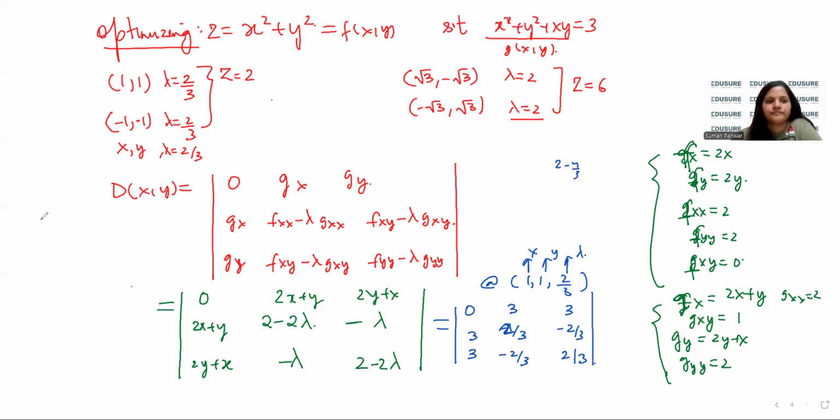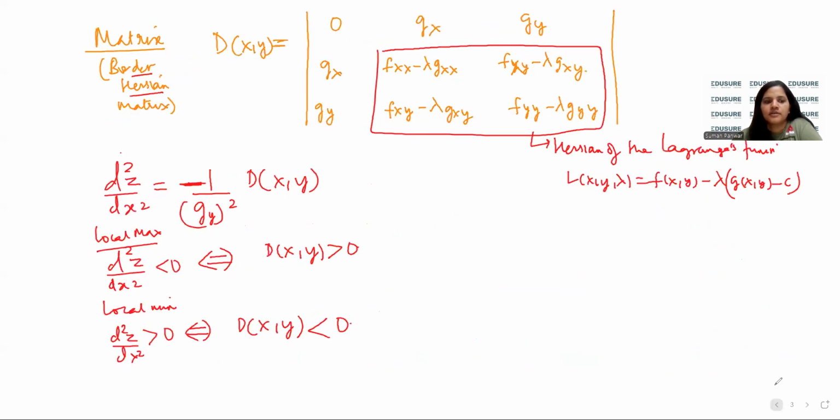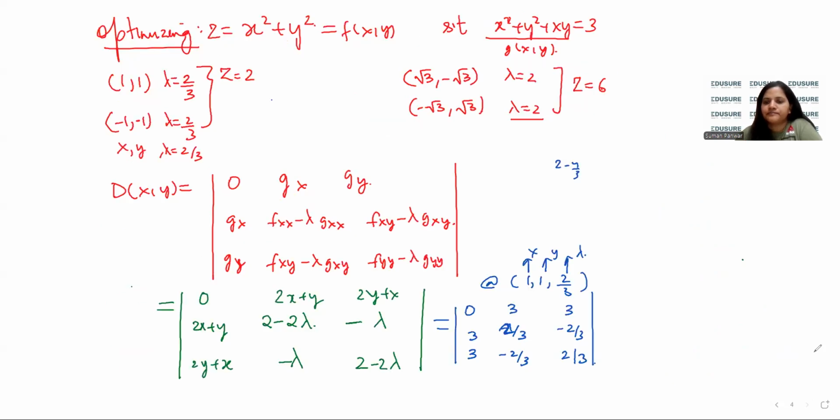Now since this point is actually a point of minima, which we have already seen, this determinant should come out to be negative. We've already seen the conditions: this determinant should be negative for minima.